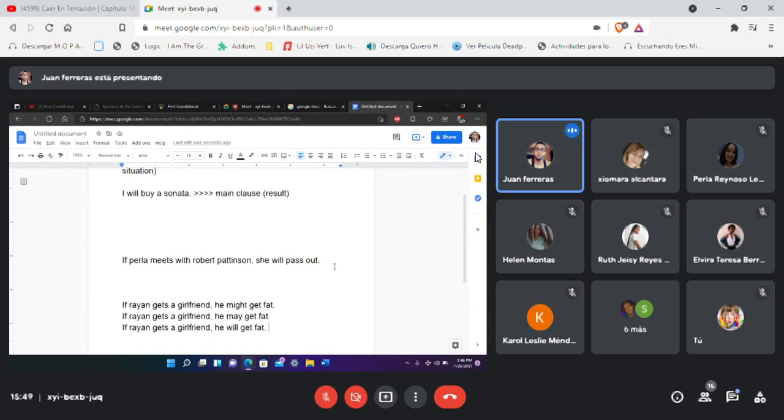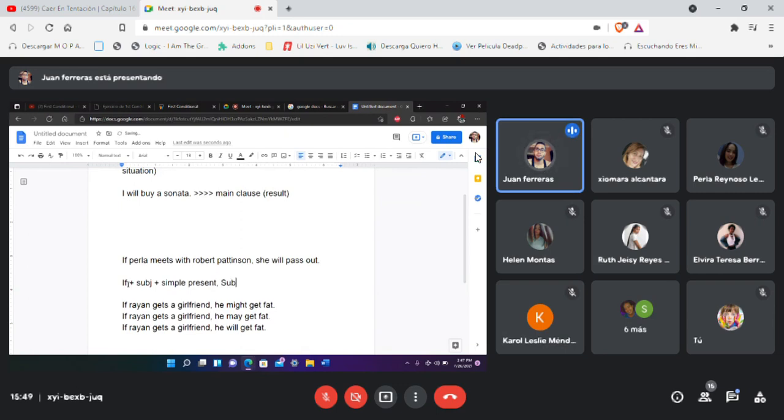So, this is the structure that I must follow when creating the conditional. If plus the subject plus the verb in simple present, right? That is for the if clause. And then I have the main clause.